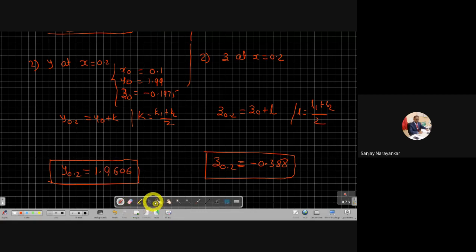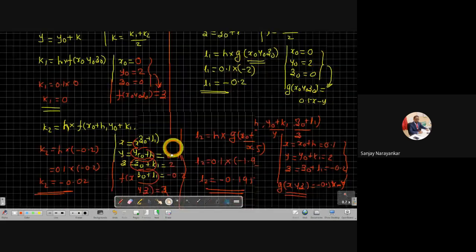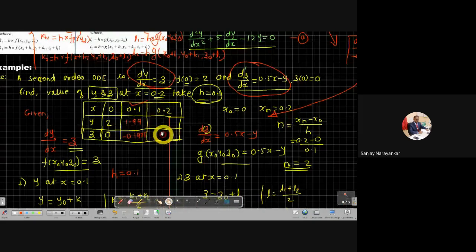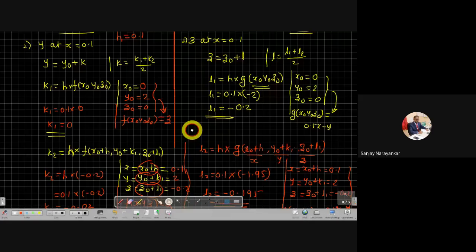And this is what your answer is supposed to be. They're asking us to find out the same thing. Is that okay, students? Is it a simple one?